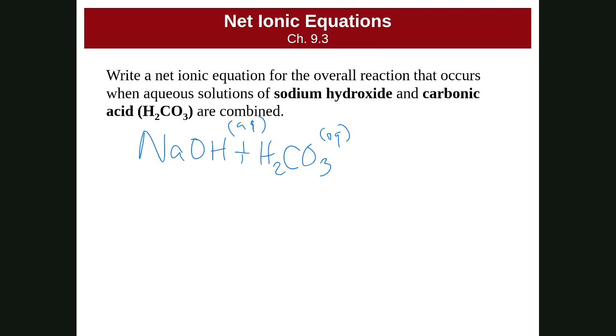And we are forming, let's see, sodium carbonate. Carbonate is a 2 minus polyatomic ion, and sodium is a +1. So to balance out our carbonate, we need 2 sodiums.